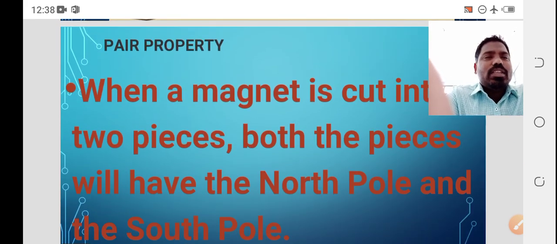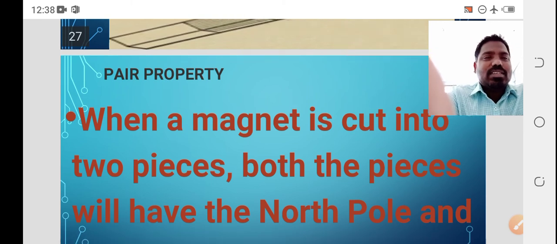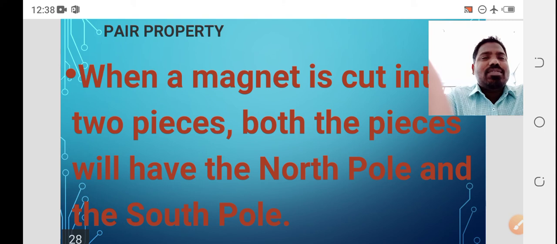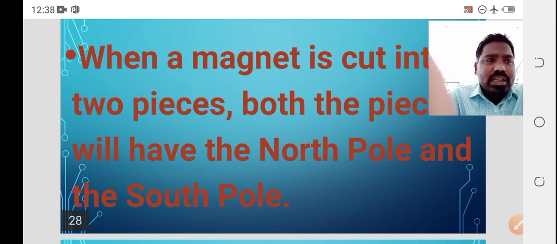Another property is the pair property. When a magnet is cut into two pieces, both pieces will have a north pole and a south pole. Even if you cut it into the smallest piece, even the smallest piece of the magnet will have a north pole and a south pole. That is the reason it is called a dipole.